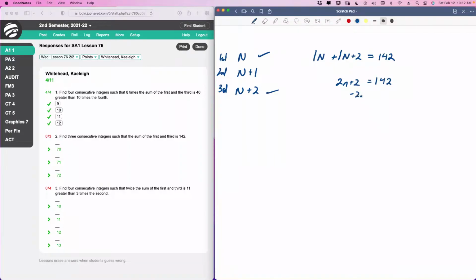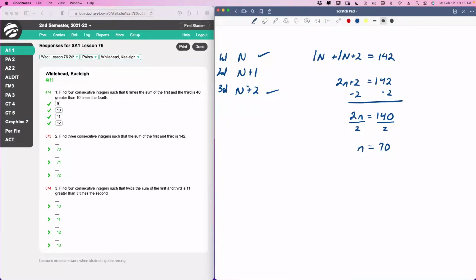We subtract 2 from both sides, just like a regular equation, using the subtraction property of equality, and now 2n is equal to 140. Now we divide both sides by 2, and we find that n is equal to 70.